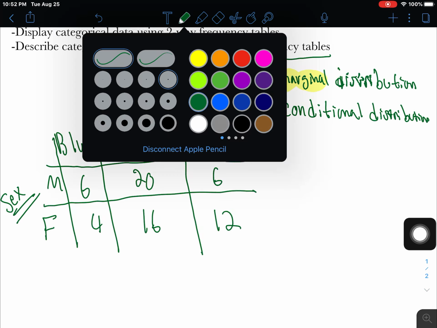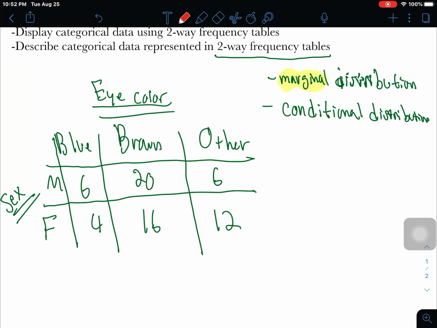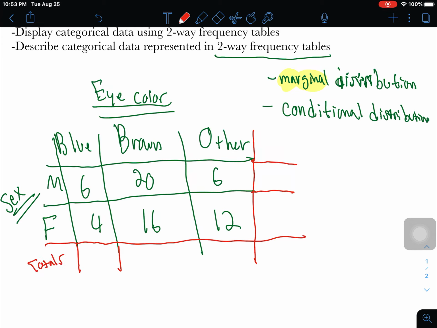So all marginal frequency tables is I would add another column and another row. And this column and row would include totals. And you'll see what I mean here in a second. So the totals paints a nice picture.